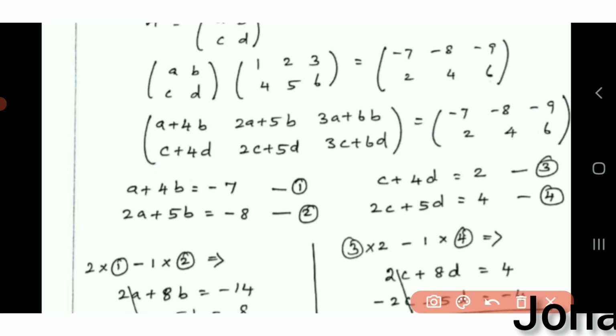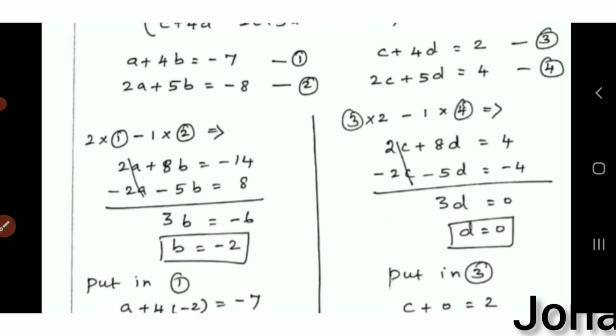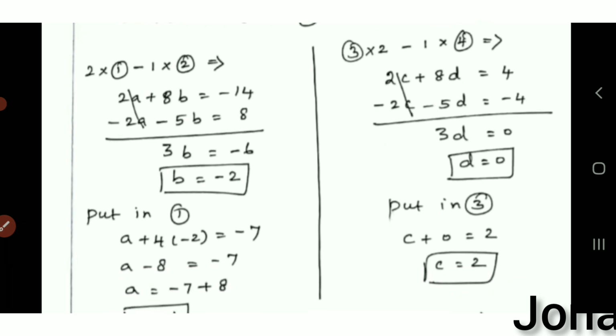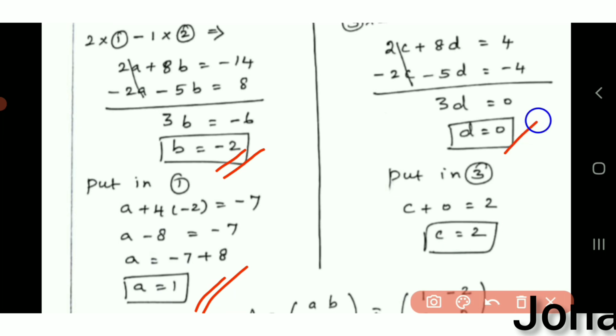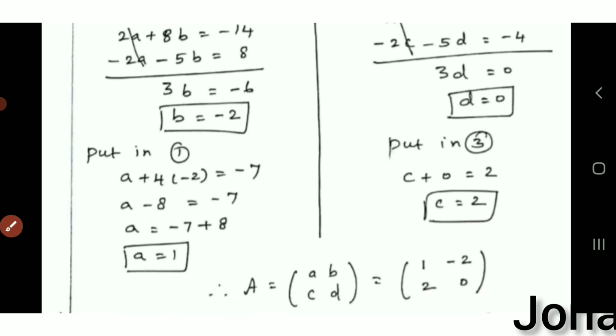And then we can solve the equations by taking 1 and 2, so that we have B value is minus 2 and A value is 1. And then take equations 3 and 4. By solving these two, we got D equal to 0 and C equal to 2. So now we got the values of A, B, C and D. Therefore, A equal to A, B, C, D is nothing but 1.